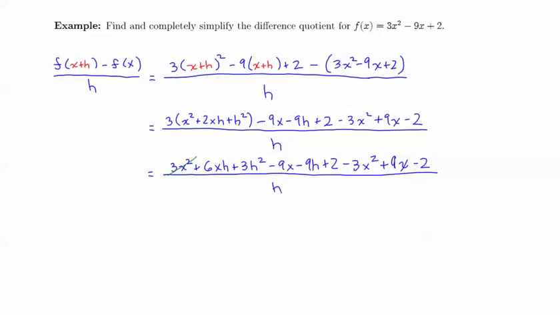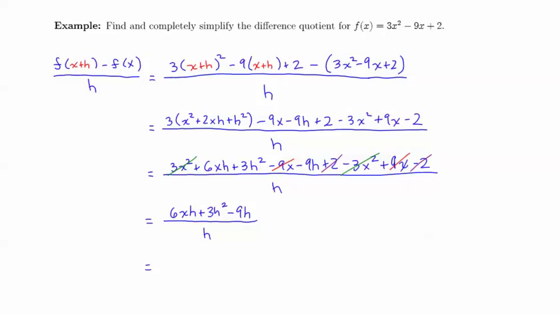I have a 3x squared and a negative 3x squared. I have a negative 9x and a positive 9x. And lastly, I have 2 and negative 2 here. So what I'm left with then is 6xh plus 3h squared minus 9h, all divided by h.